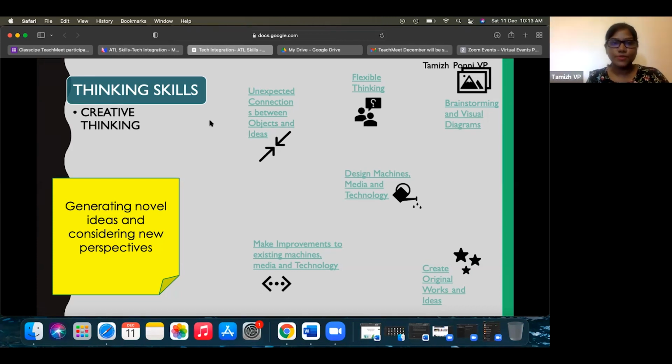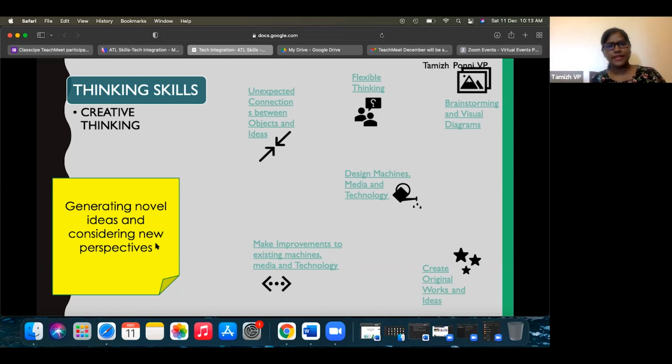So when it comes to creative thinking, it's all about generating new ideas and concepts. Like we talked about creative, coming up with innovative solutions. Or if I'm not able to completely come up with a new solution, maybe there is an existing solution and I'm trying to build on top of that. Maybe the chair concept is already invented, but then my chair will be different from the existing chair.